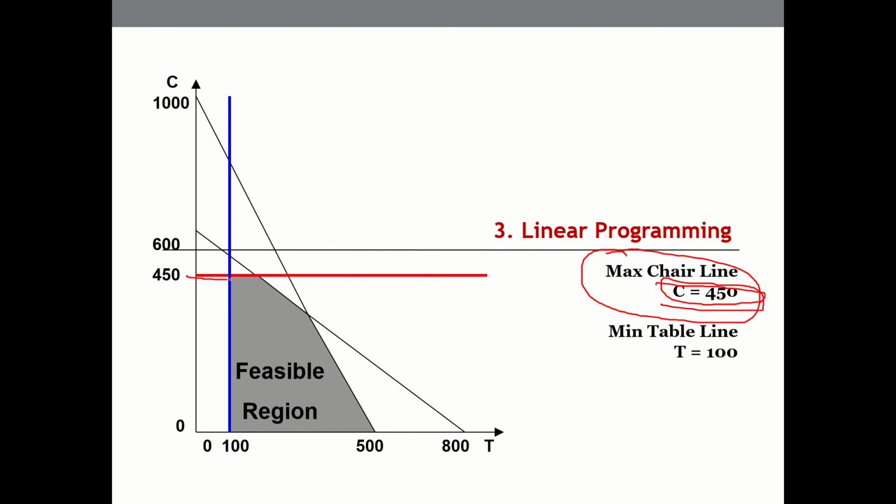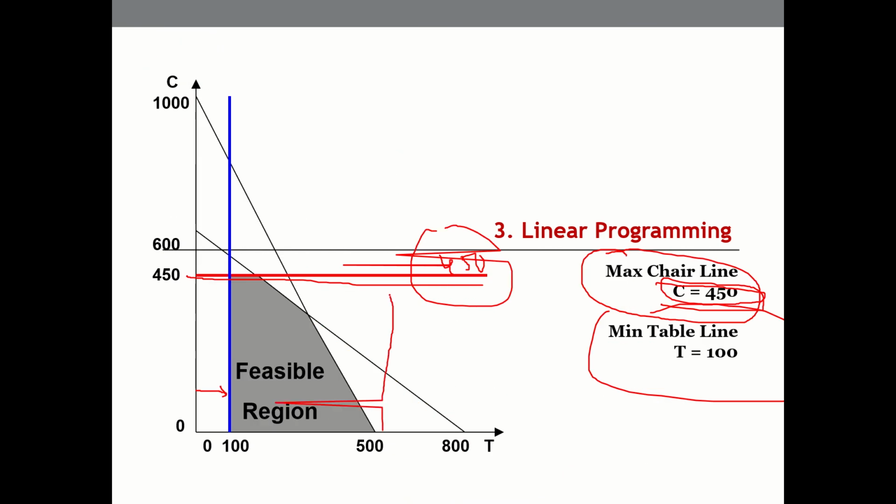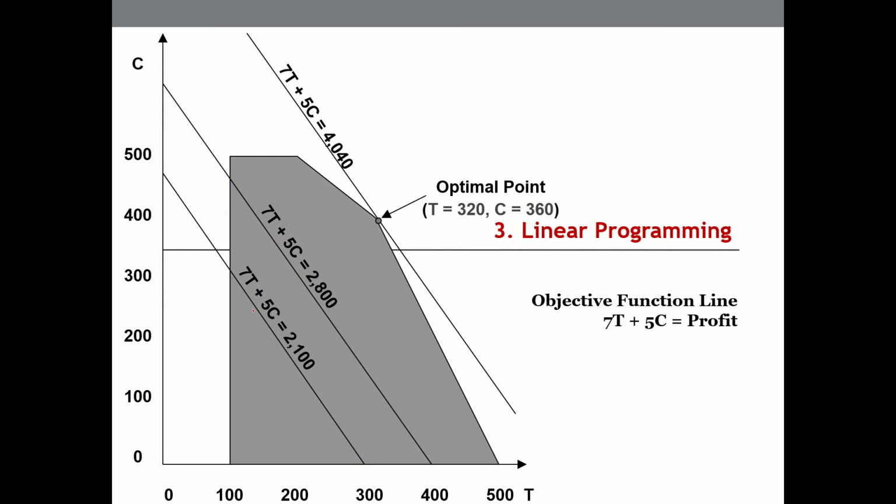So a line has been drawn here, which is the 450 line for chairs, the maximum number of chairs that can be made. And the minimum number of tables is 100. Again, one line has been drawn here. This is the 100 line, and 450 is from below.